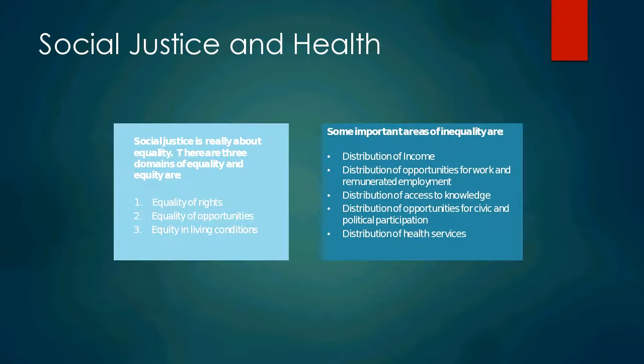Similarly, when we think about equity in living conditions, we're really thinking about not just the most proximal living conditions, but the broader environment, and asking ourselves why certain communities have a significantly higher concentration of sites that emit hazardous pollutants in the area.